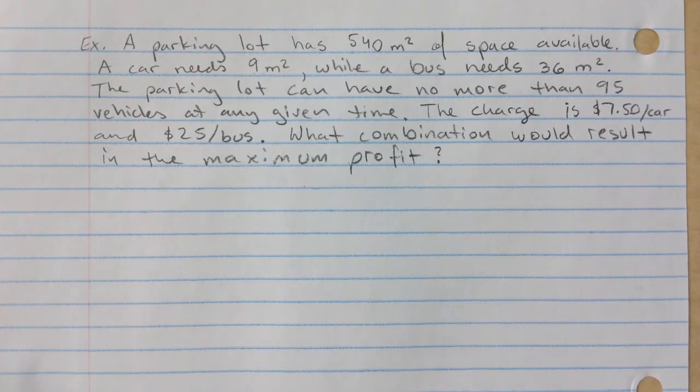So our parking lot has 540 square meters of space available. A car needs 9 square meters, while a bus needs 36 square meters. So that's, I guess, including all the space that you would need around, because you obviously can't park them right next to each other because you couldn't get out.